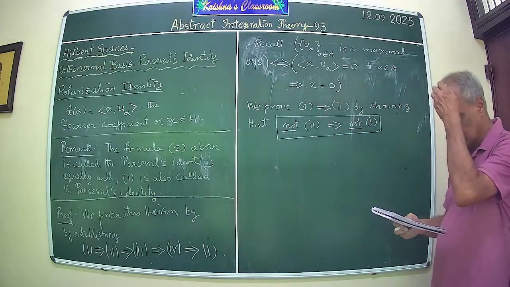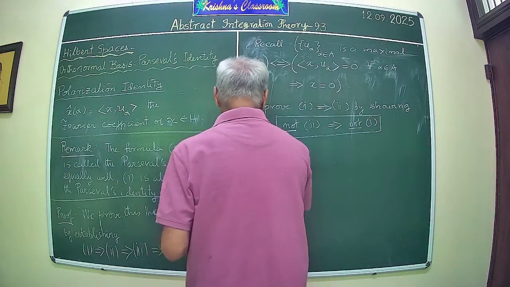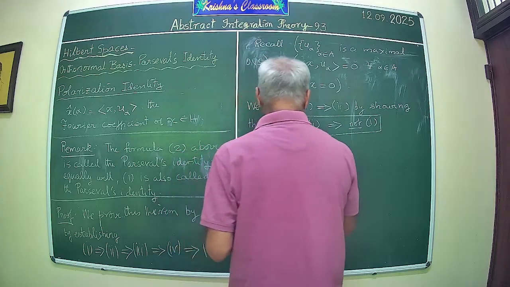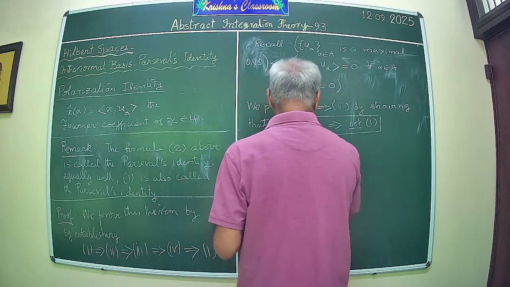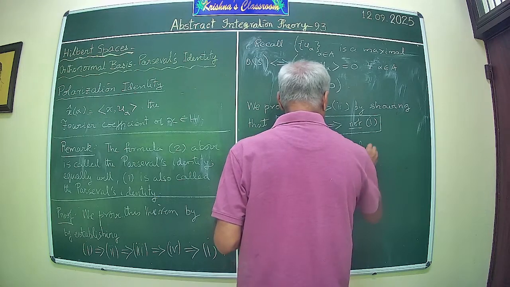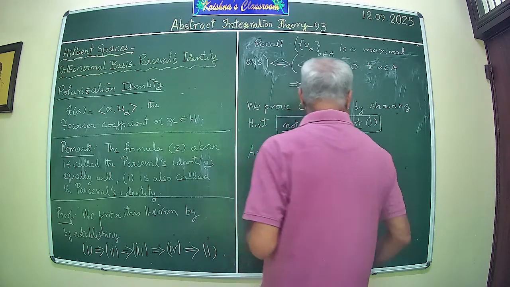Okay, so assume 2 is not true. What does this mean?